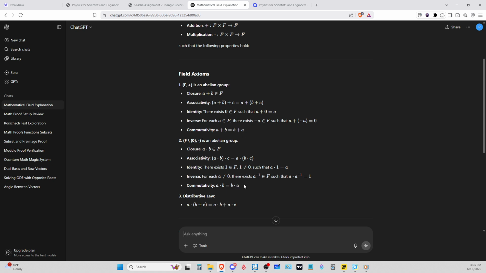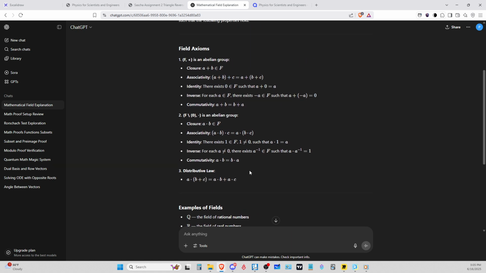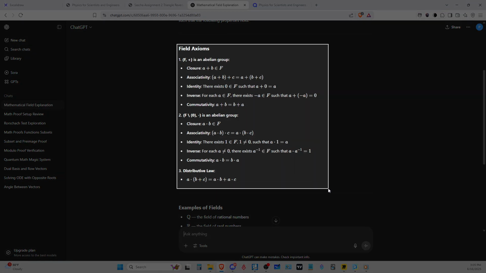Okay. So I think we can copy this because we need the field axioms.